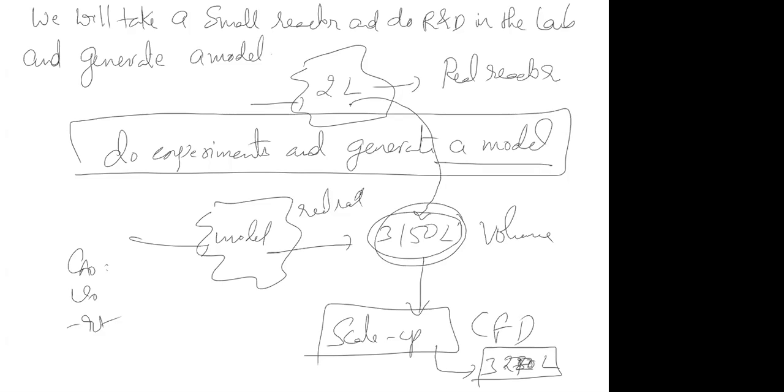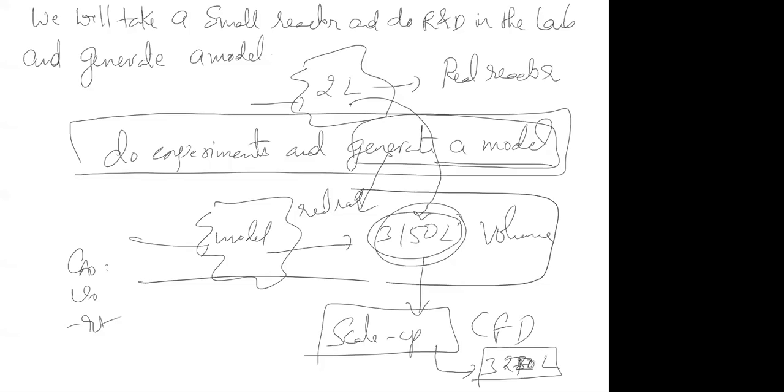Suppose you are designing a packed bed reactor. First, you take a small packed bed reactor and do experiments in the lab, understand and generate a model. Then take that model and apply it to your real problem. Then you get the volume. Then that volume will be corrected for scale up studies.